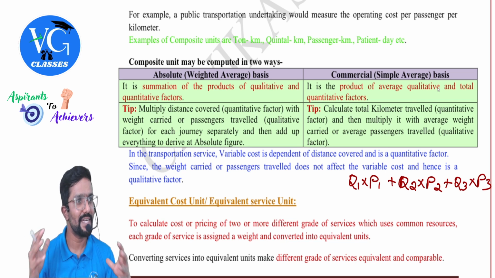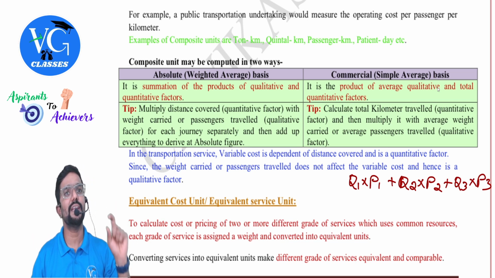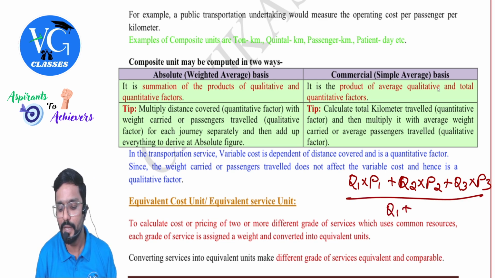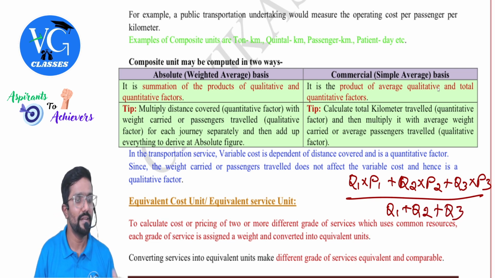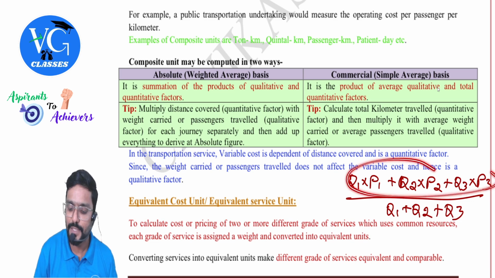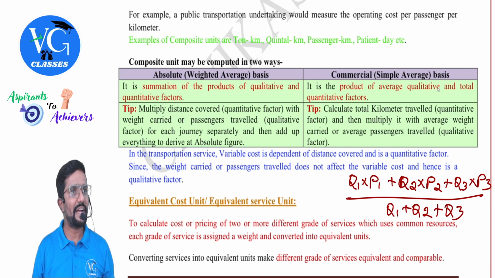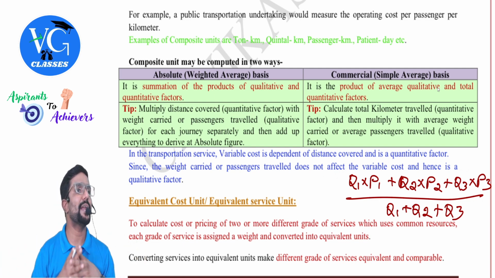This will give you total cost. And there, if you want to calculate weighted average price, we also divide it by Q1 plus Q2 plus Q3. This will give you the weighted average price. But here we are doing the contrast: multiply the quantitative factor with the qualitative factor and at the end, add up everything.